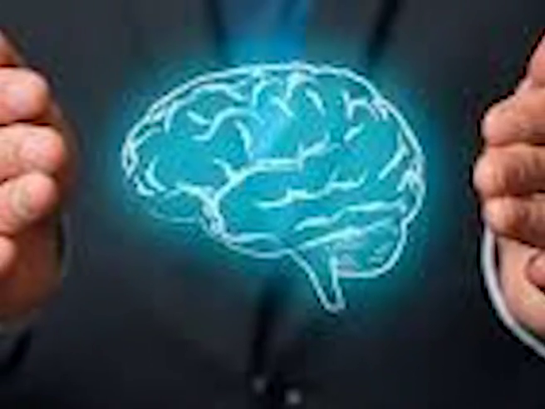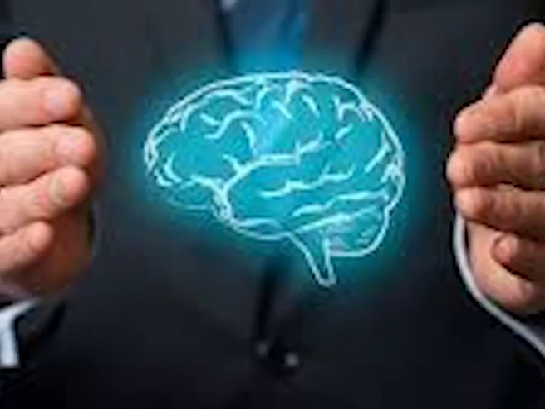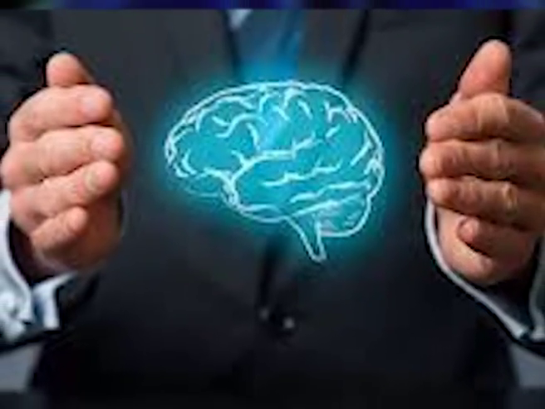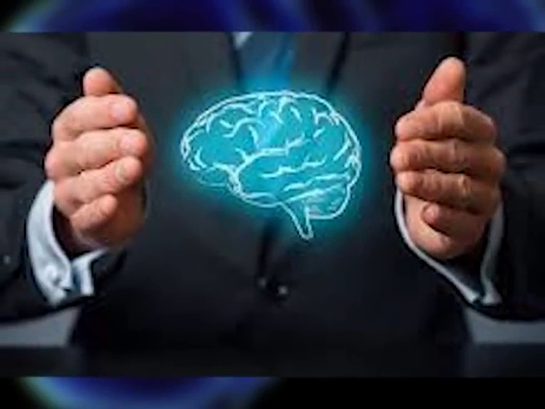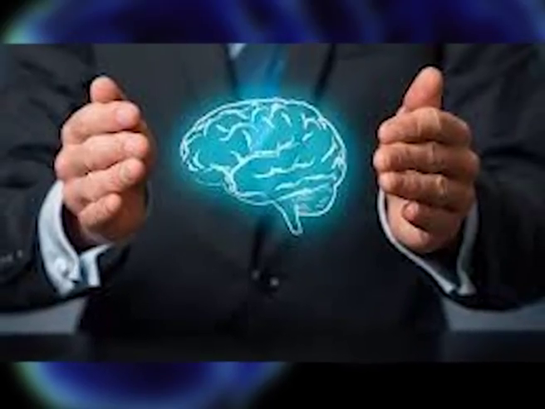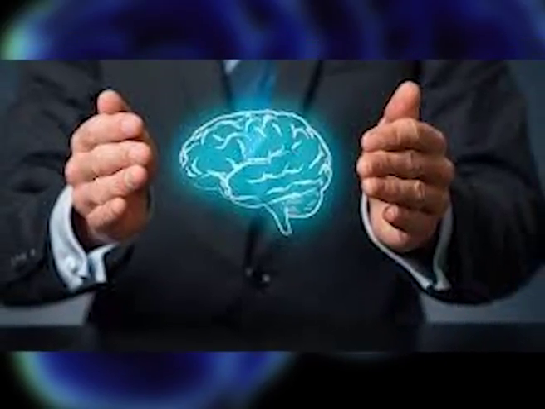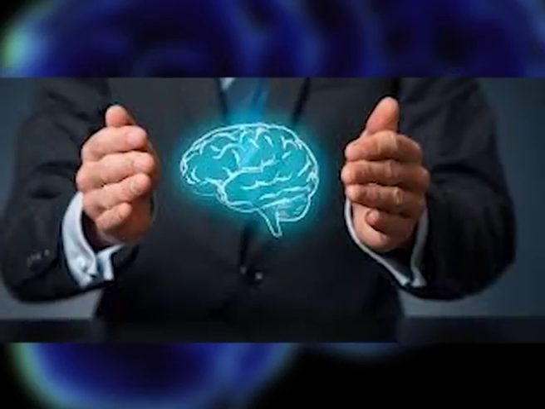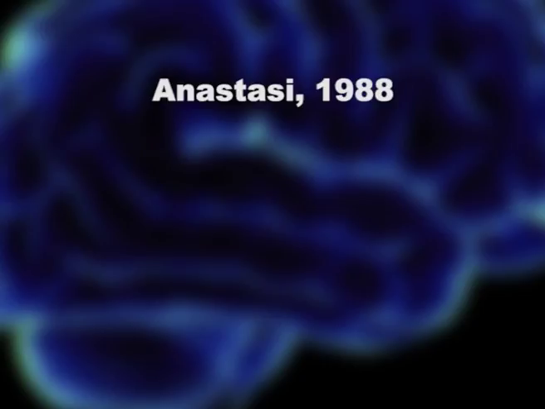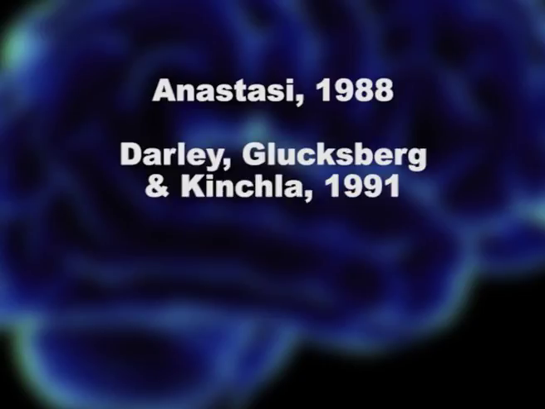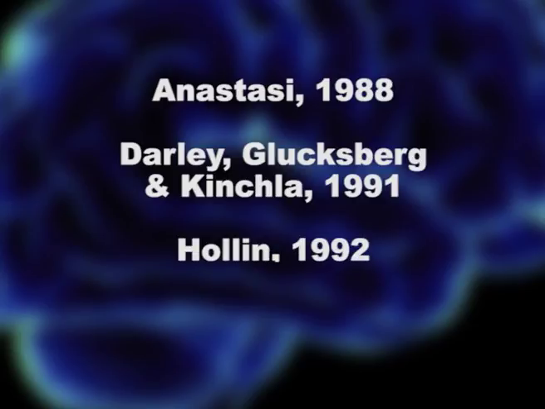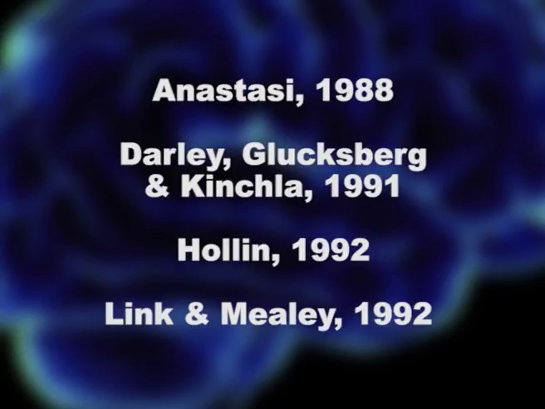Many other researchers and psychologists have developed theories similar to Eysenck's and have also made use of factor analysis research techniques to extend the study of criminal behavior, as stated by Anastasi in 1988, Darley, Glucksberg and Kinchla in 1991, Holland in 1992, Link and Mealey in 1992.